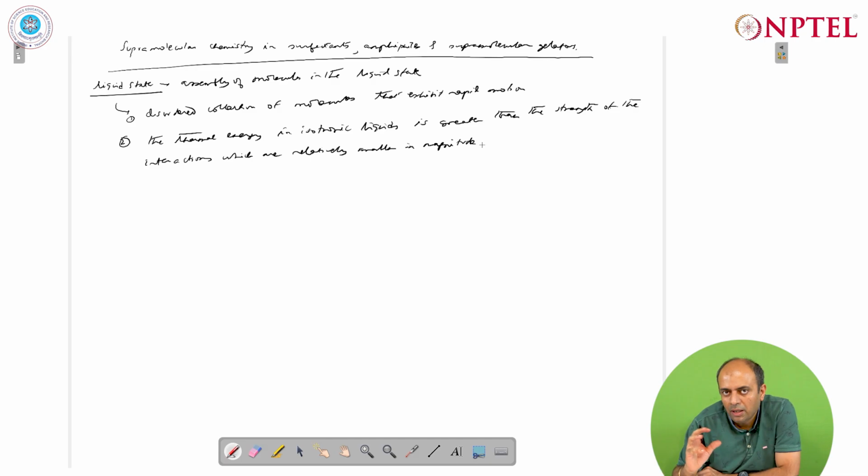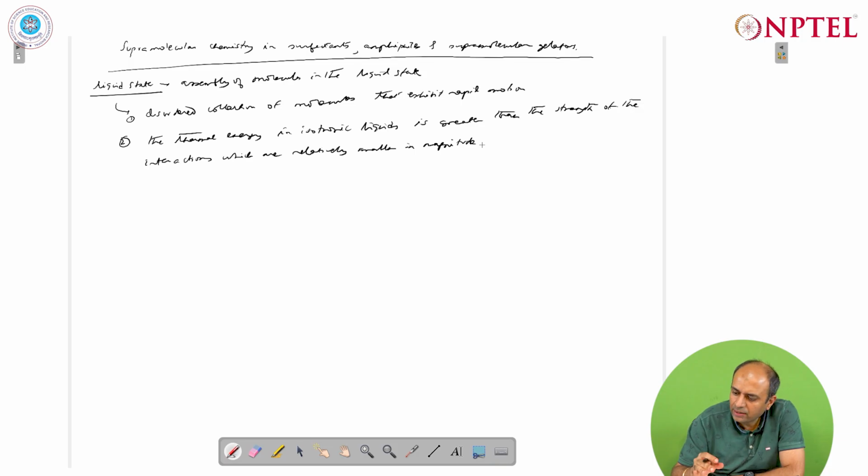Because of the thermal energy associated with the collection of molecules in the liquid phase, they exhibit random motion in different regions of the liquid, and this dynamic event is much stronger than the strength of the interaction between the molecules, which is much smaller in magnitude.